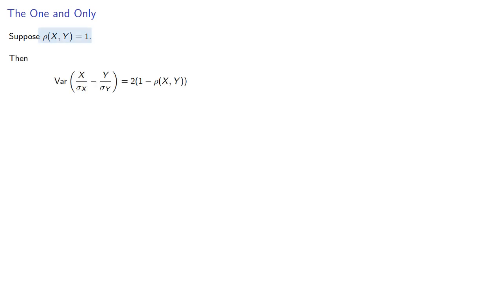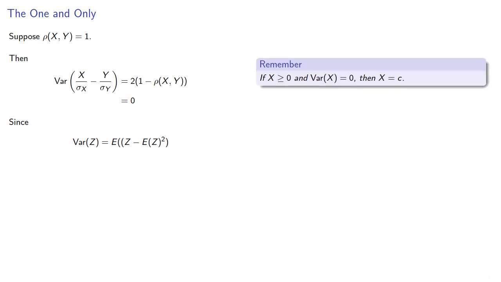But if we know the coefficient of correlation, we find, and so here we have a random variable whose variance is 0. Now, since the variance is the expected value of a square, which is always non-negative, the only way for the variance to be 0 is for the random variable itself to be a constant.